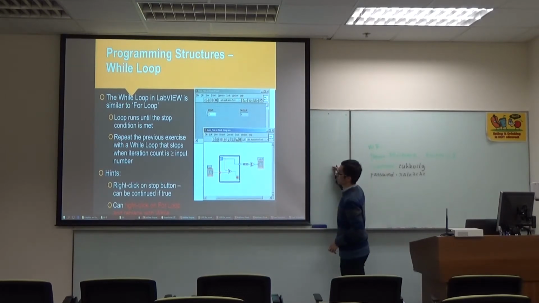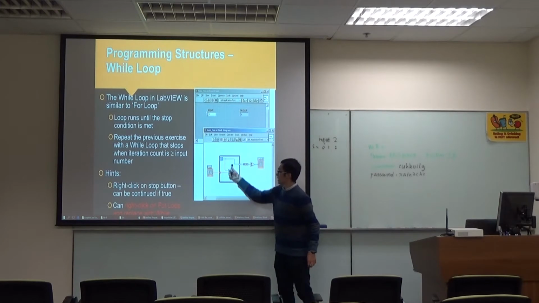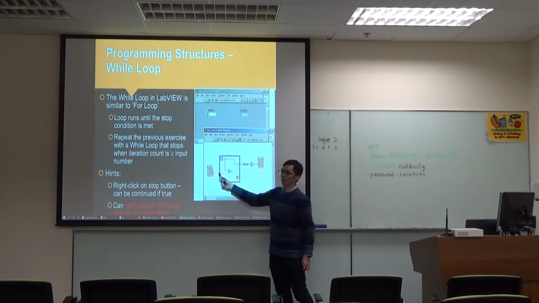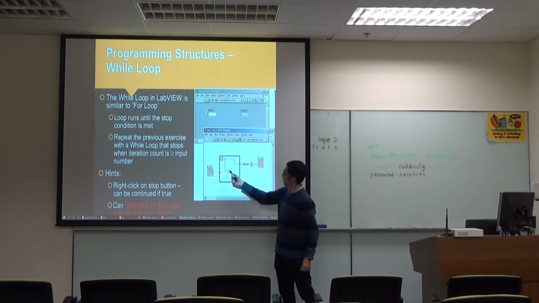Actually, what do you do? You do 0, 1, and then when I equals 2, which is equal to the input, you send out a true here, and the while loop will terminate.